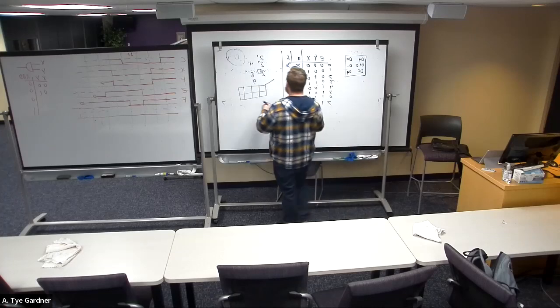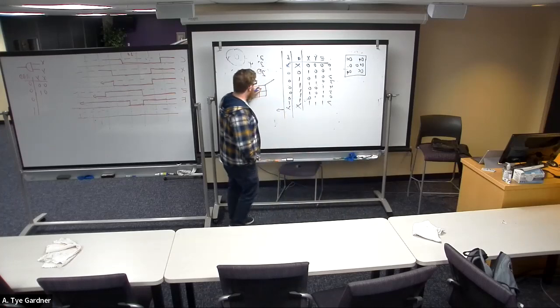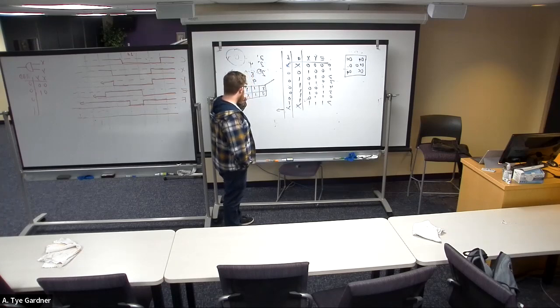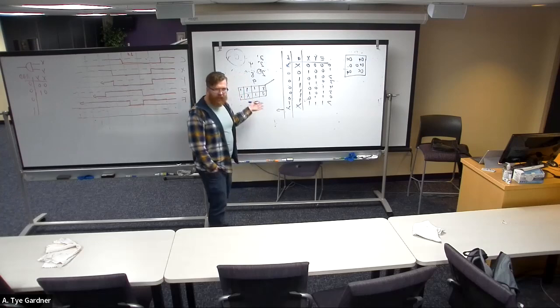And then I'm just going to do this direction X, 0, 1, 1, 1, 1. Don't care for B, X. And then I have to figure out how do I solve this K-map?